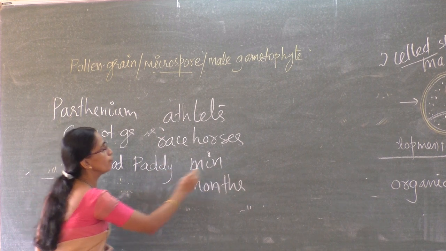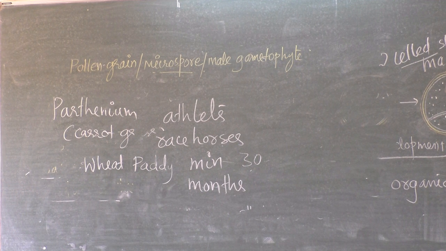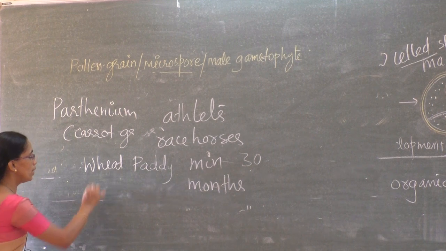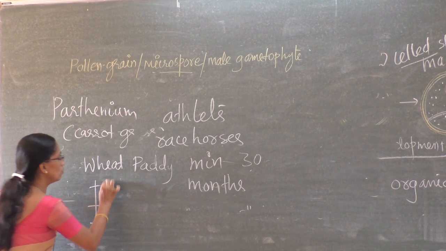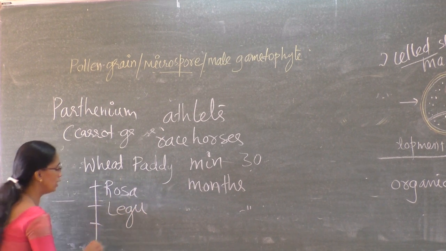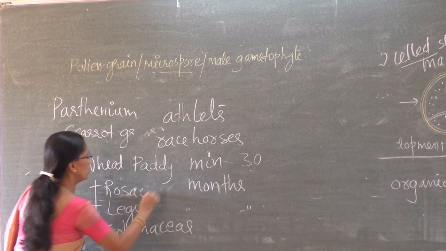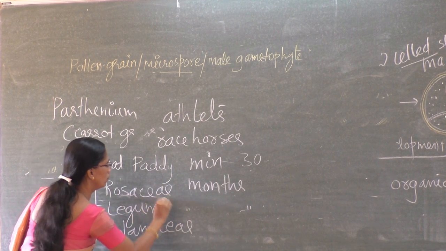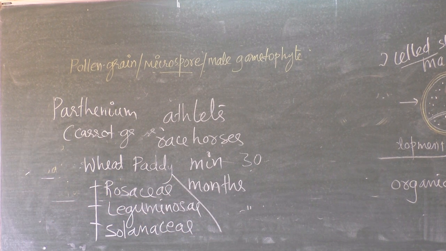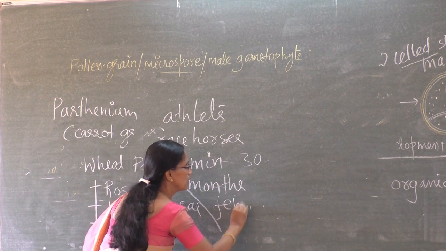The viability of pollen in the case of cereals like paddy and wheat is just 30 minutes. In members belonging to three families, Rosaceae, Leguminosae and Solanaceae, the viability of the pollen grain is found for a few months.